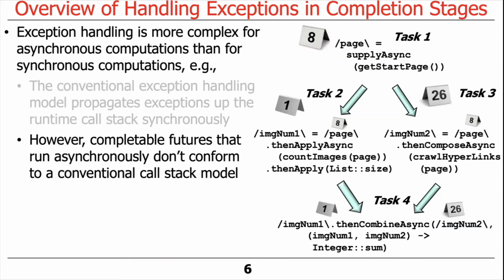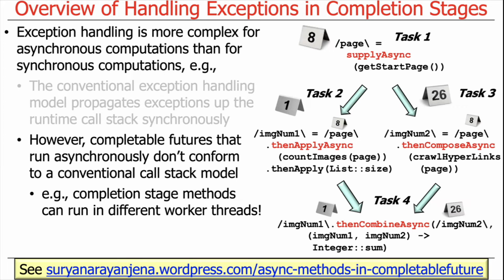What happens with asynchronous exception handling? Well, the thing that makes this more complicated is that asynchronous processing doesn't conform to the conventional call stack model. That's because completion stage methods can be running in different worker threads than the thread that invoked them originally. In fact, that's pretty much always the case, and that's the point.